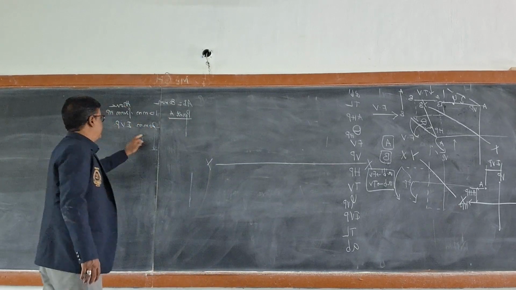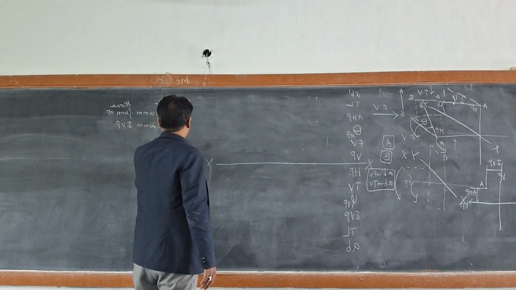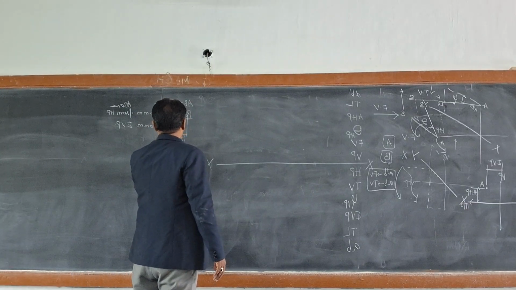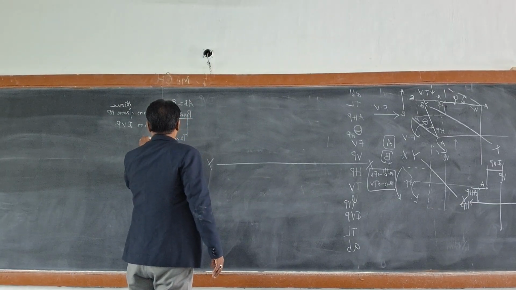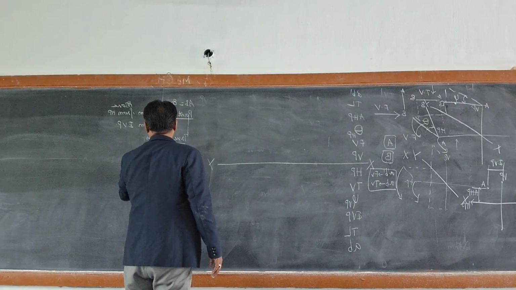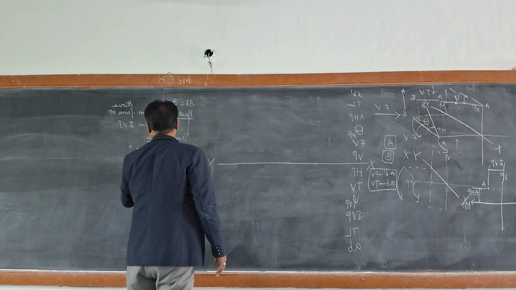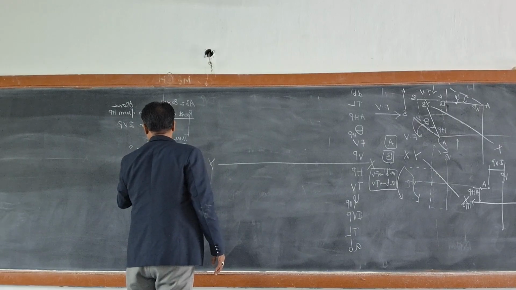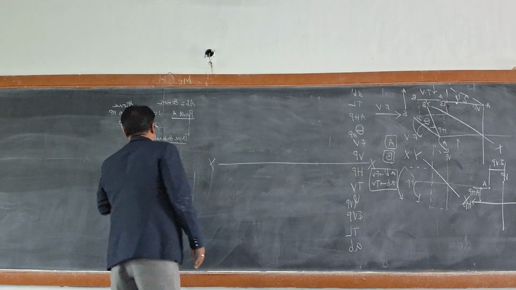So 10 mm above HP, 20 mm in front of VP. It is making a true inclination, which is nothing but theta. Theta means inclination to HP as 30 degrees and psi, inclination to VP as 45 degrees.